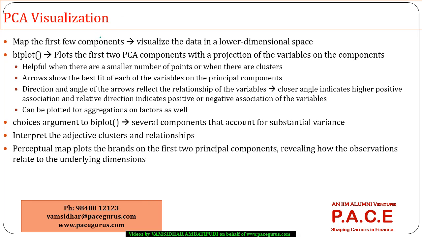Then the other thing that we talk about when we use the principal component analysis is the visualization part, where I may typically want to evaluate the components, let's say PC1, PC2 and PC3. The first three components I really want to visually examine. So one of the things that I can do is a biplot.